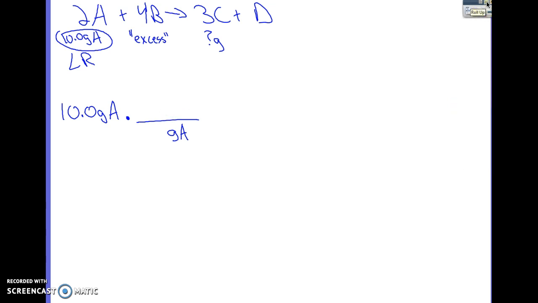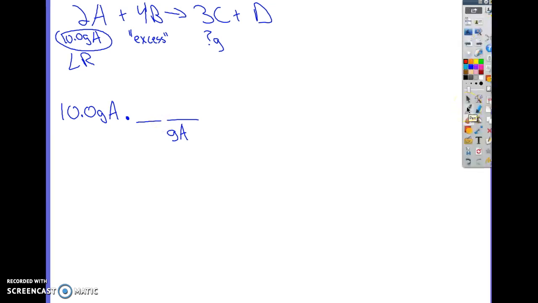So what I want to do is somehow convert grams of A to moles of A. And this is something that we have done several times. This is using a conversion factor. When you're using the conversion factor, you're just changing the units, but it's for the same compound.